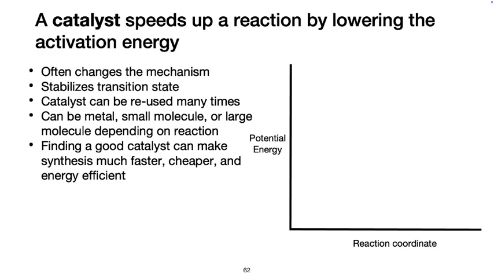If we can find a good catalyst, that can make our synthesis cheaper, faster, more energy efficient. There's a whole bunch of different things that contribute to that. So a pretty large field is how can we make a catalyst to do a particular chemical reaction? What does that catalyst need to be able to do? How do we build a system that allows it to work?